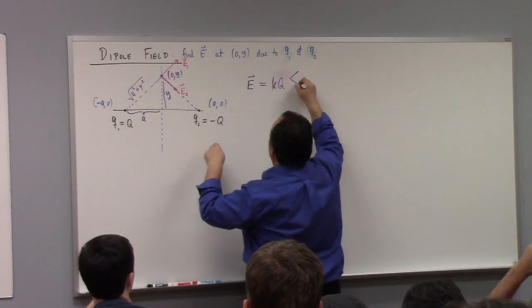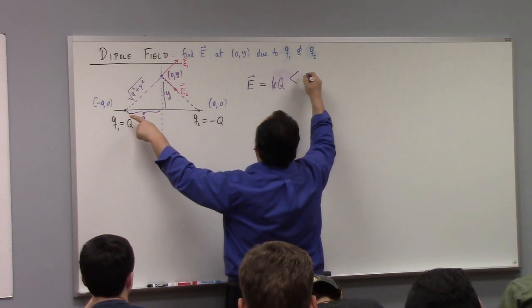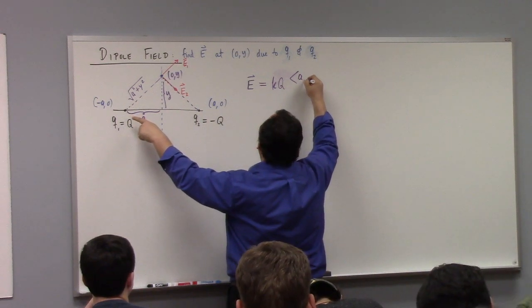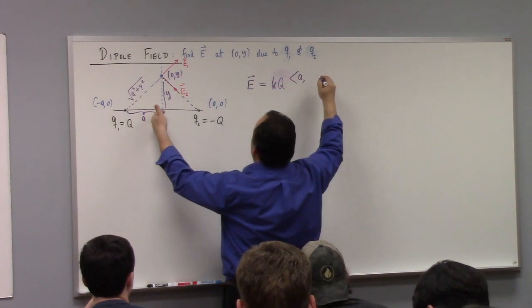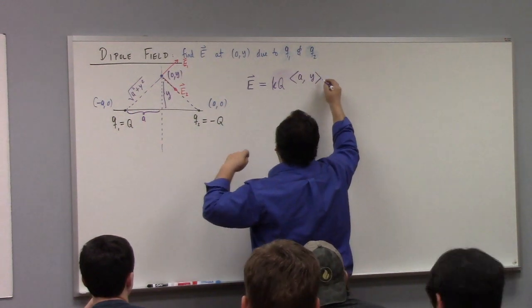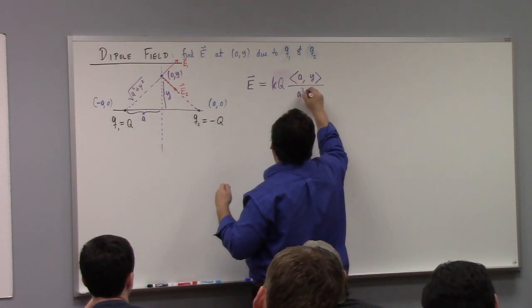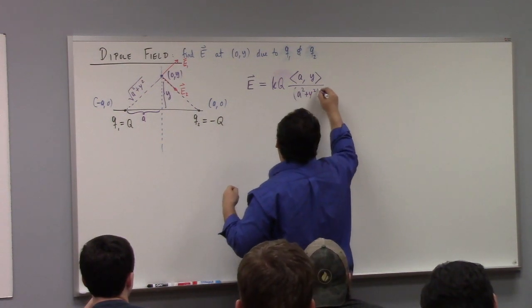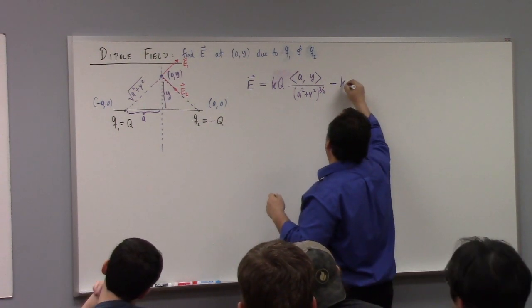So I think it's going to be A and Y. Oh, duh, it's right here, A and Y. And I divide by a squared plus y squared to the 3/2, and then minus kq.